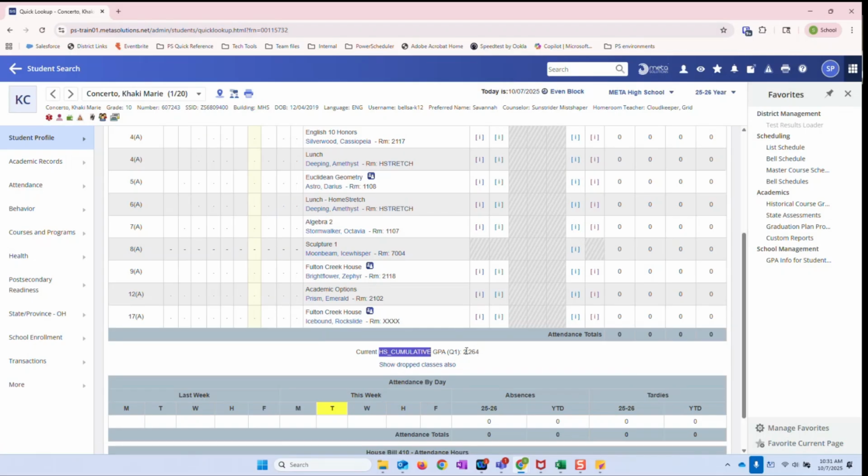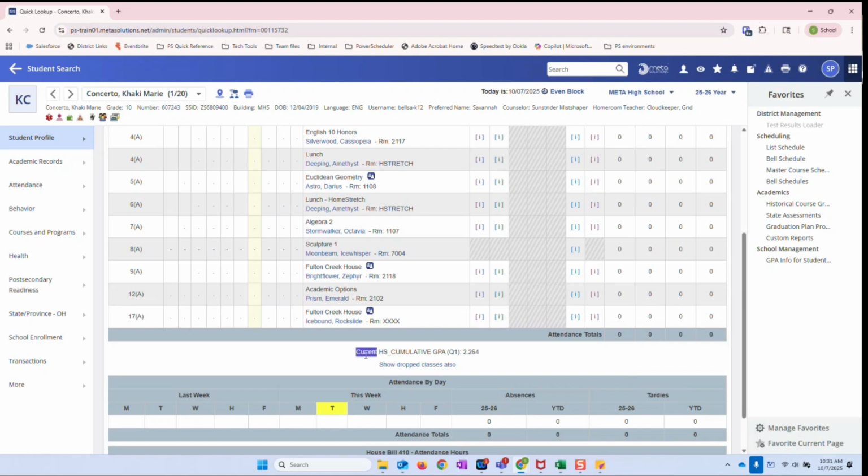And it's a very valid question. So I know that we're pulling the high school cumulative GPA here, and that this student's high school cumulative GPA is currently a 2.264. Now that's certainly going to be different from their current Q1 GPA. But this does throw people because the word current is displayed here.